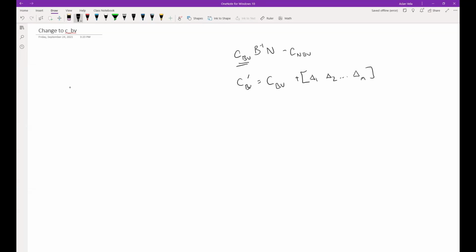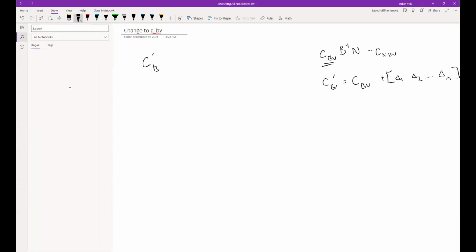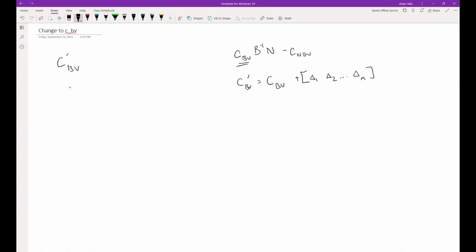So in this case, we look at C prime BV times B inverse N minus CNBV. Are there any negative values in this quantity?